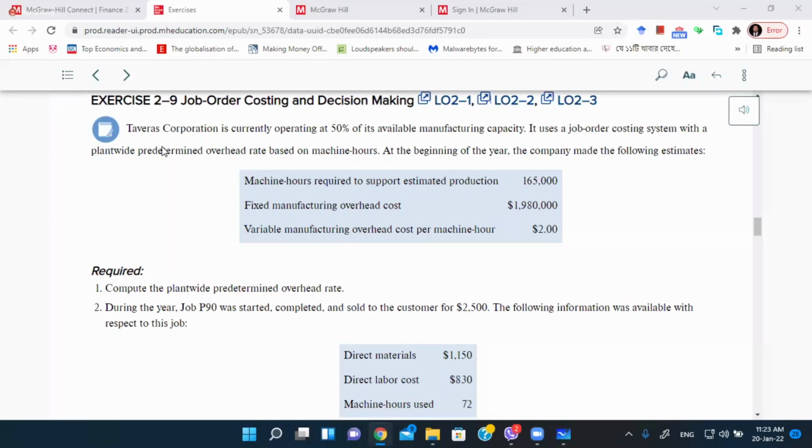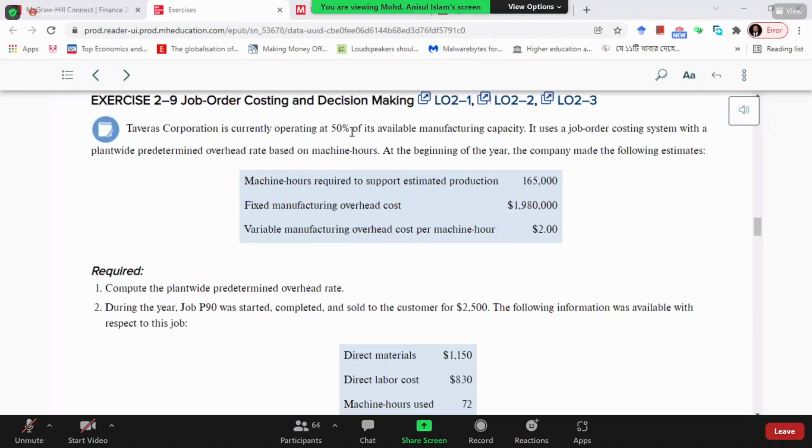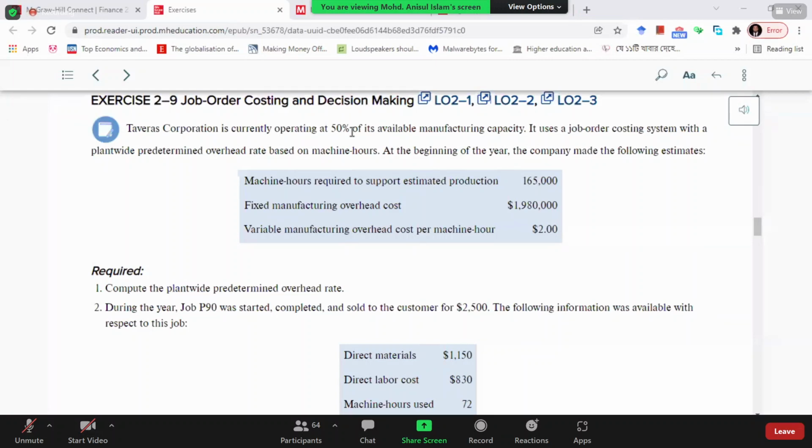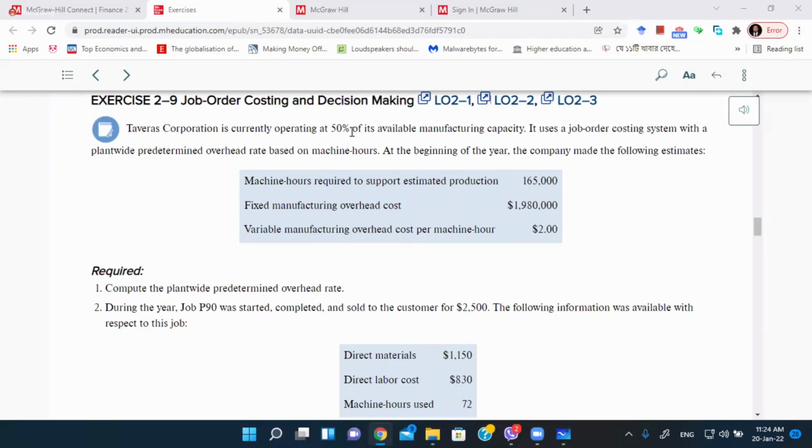So Taviras Corporation, pardon me if the pronunciation is not correct. Taviras Corporation is currently operating at 50% of its available manufacturing capacity. It uses a job order costing system with a plant-wide predetermined overhead rate based on machine hours. At the beginning of the year, the company made the following estimates.